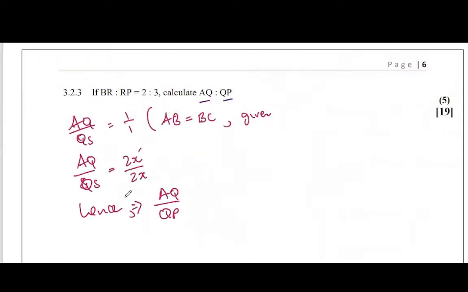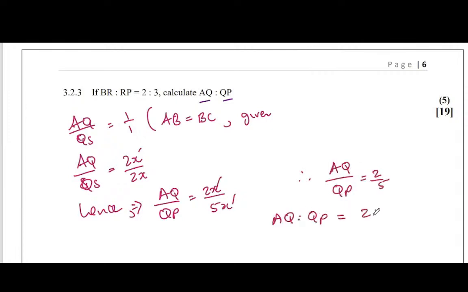So I'm just going to say our AQ is 2x over 5x. Therefore, if I cancel out my x's, the ratio of AQ over QP is 2 over 5, or I can say AQ to QP is the same as 2 is to 5.